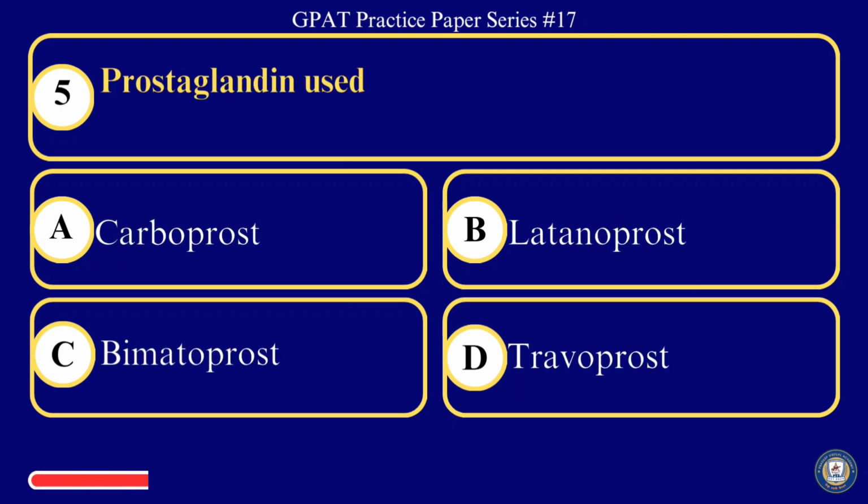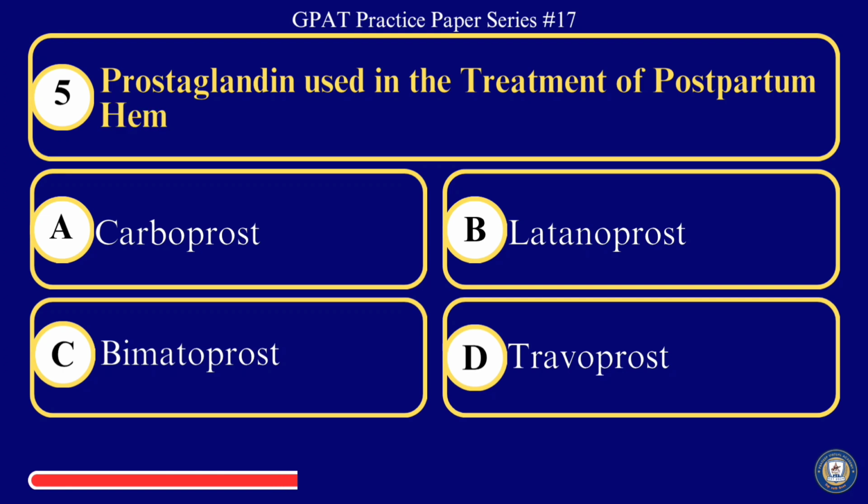Question number 5. Prostaglandin used in the treatment of postpartum hemorrhage is, your options are A. carboprost, B. latanoprost, C. bimatoprost, and D. travoprost.